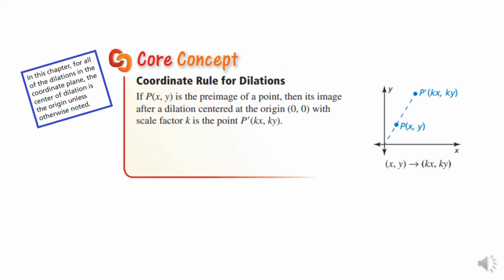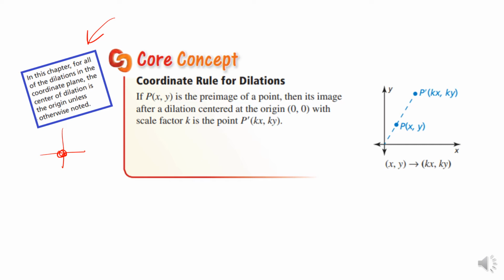Okay, so now, this is important to note, in this chapter for all of the dilations in the coordinate plane, the center of dilation is the origin, so right there, unless otherwise noted. Okay, so the coordinate rule for dilations.